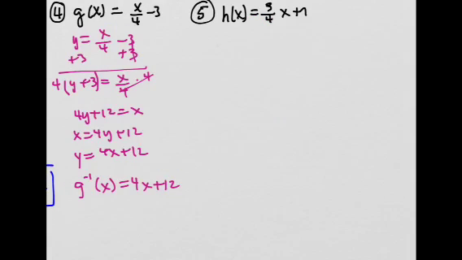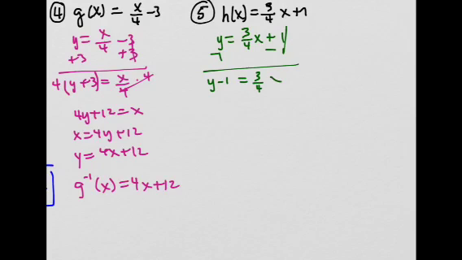Okay, so number 5, h of x is 3/4 x plus 1. You change the h of x to y. So we subtract 1. Looks like a 7, but it's y minus 1. You want to eliminate the 3/4, so I'm going to multiply both sides by 4/3. This becomes 1 on the right side.